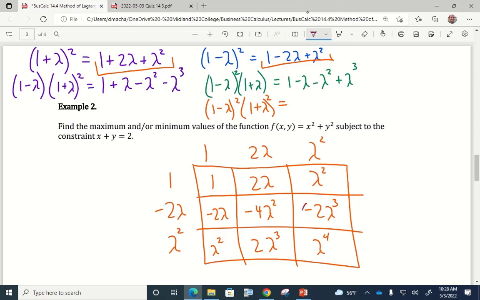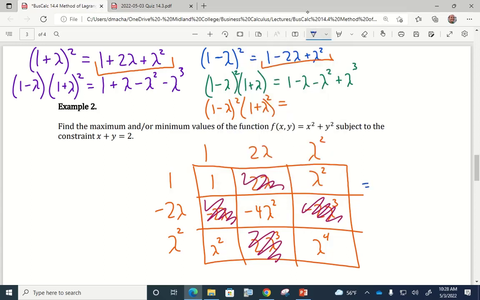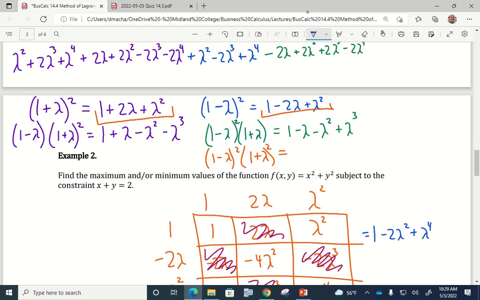Like 2 lambda cubed and negative 2 lambda cubed, those cancel each other out. 2 lambda and negative 2 lambda, those cancel. And so if I add up everything I have left, adding all this up gives me 1 minus 2 lambda squared plus lambda to the 4th. Okay. So that's going to be 1 minus 2 lambda squared plus lambda to the 4th.